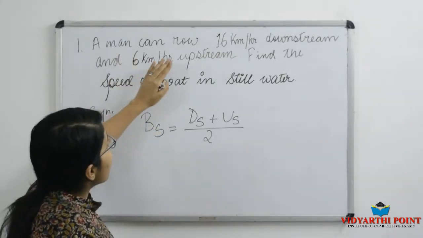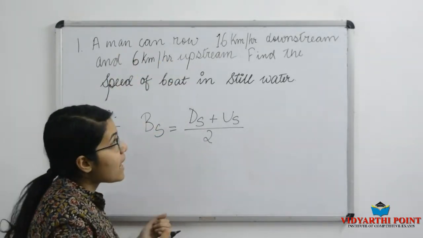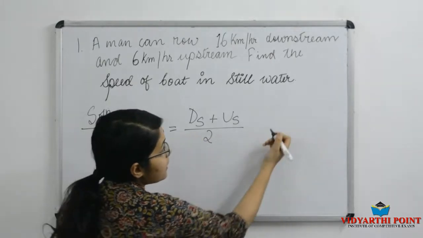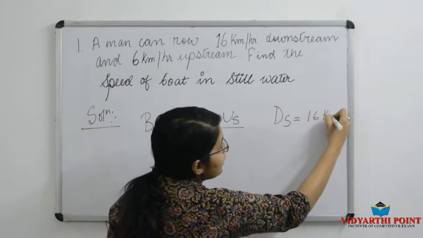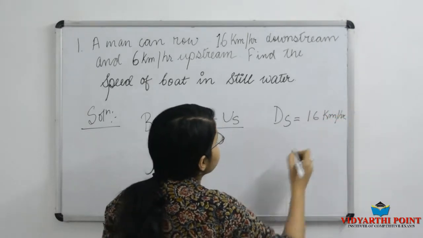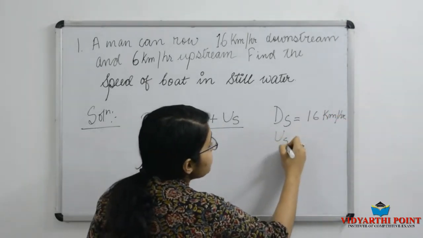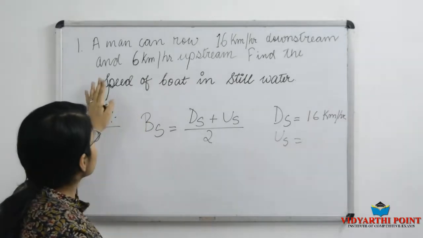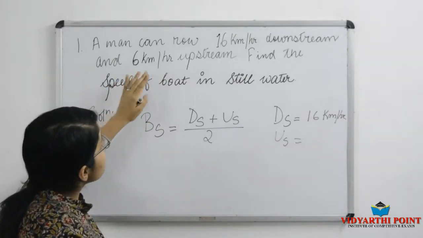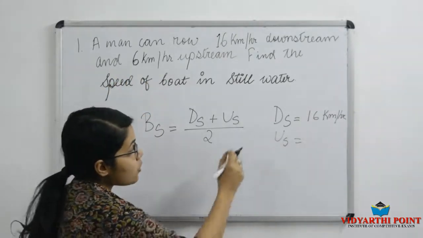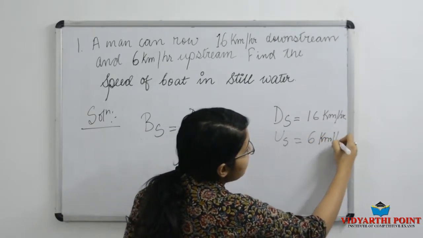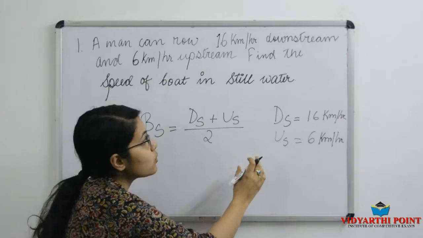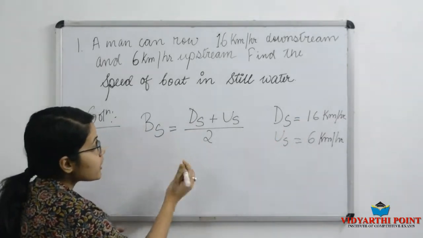Here a man can row 16 km per hour downstream is given. So, his downstream speed is 16 km per hour. Upstream speed, from the question we know that he can row 6 km per hour upstream. So, upstream speed is 6 km per hour. Now, we have to take these values and put them in the formula.